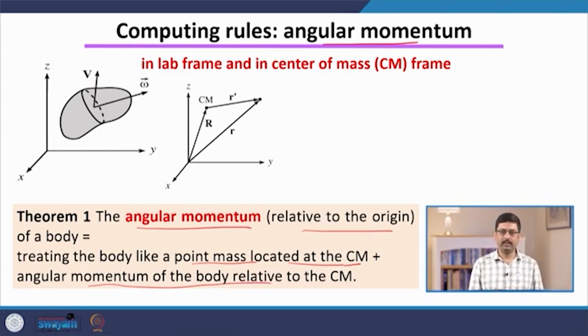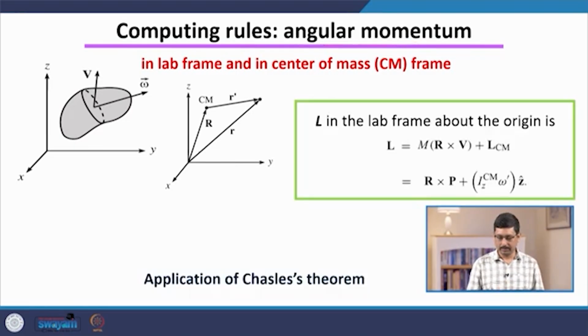Again the same strategy: we are dividing this complicated motion into two simple pieces. The whole extended object is like a point mass concentrated at the center of mass, moving in translation, plus the rotation about the center of mass, which generates some angular momentum relative to the center of mass.